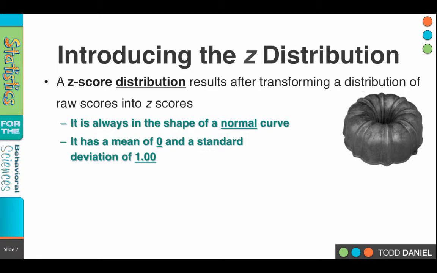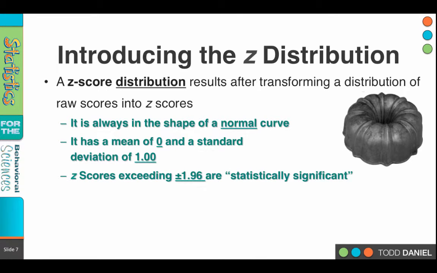This is going to be very, very useful to us, as one z-score is going to equal 1 standard deviation. Any z-score that exceeds positive or negative 1.96 will be considered statistically significant. That means that it is significantly different, and that is going to be important when we talk about z-tests.